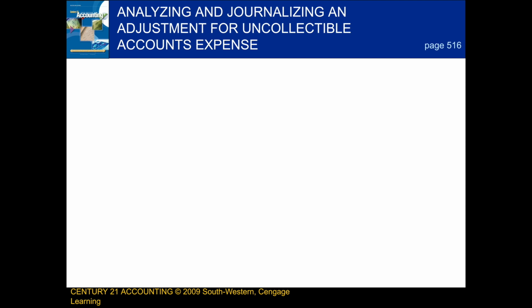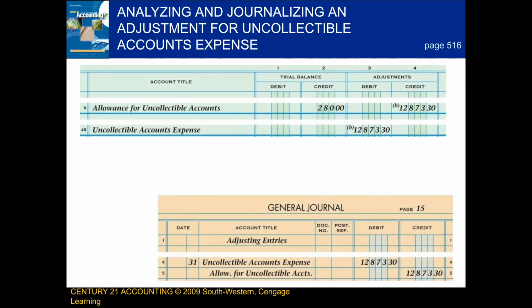All right, next we're going to be talking about analyzing and journalizing an adjustment for uncollectible accounts expense. When we analyze and journalize an adjustment for uncollectible accounts expense, there are a few steps that we follow when doing this process.